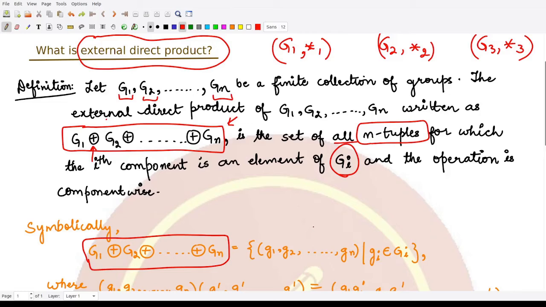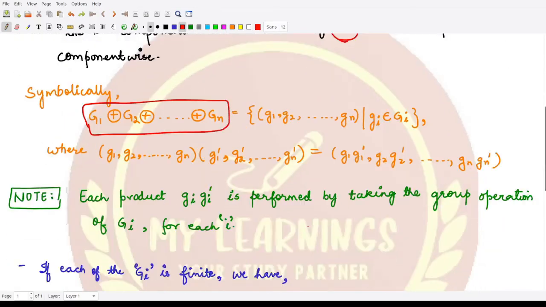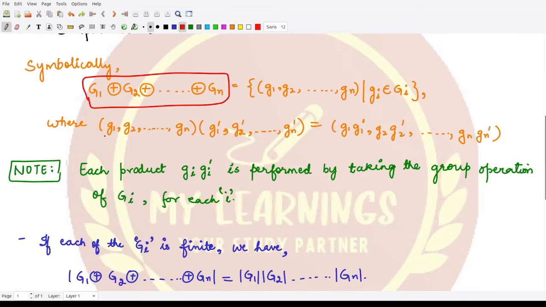And how do we apply the operation here? We take one such tuple, we take another such tuple, and we multiply them together. How do we multiply them? We take the first element of each and multiply them together. Here we are just writing multiplication, however here we would have star 1, which means the operation defined for our first group. Then we have g2 and g2 dash.